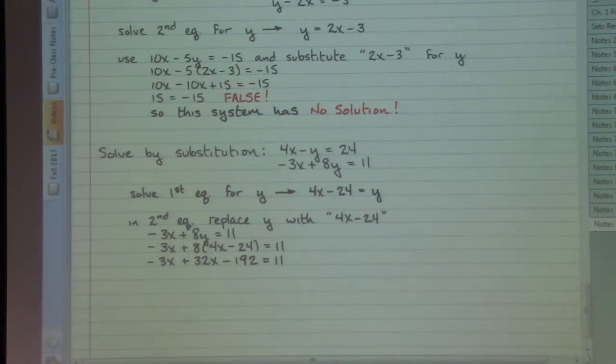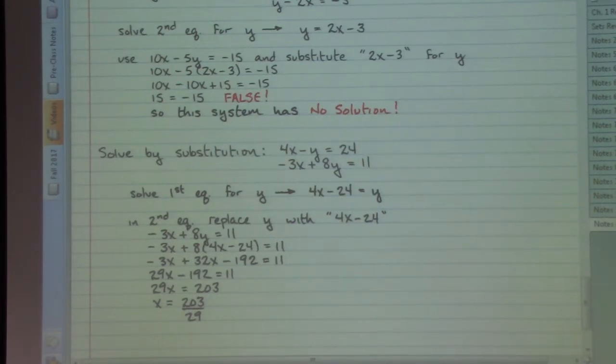Combining like terms would give us 29x minus 192 equals 11. Moving our constant stuff to the right-hand side would give us 29x equals 203, and dividing on both sides by 29 would give us hopefully something nicer than 203 divided by 29.